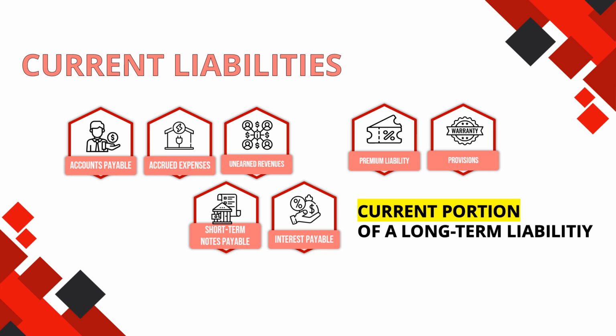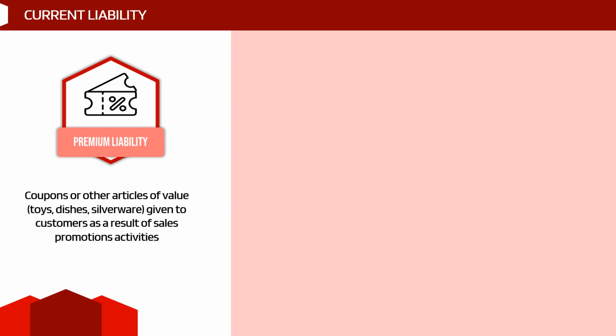So now, let's take a deep dive into each of the new types, starting with premium liability. So what are premium liabilities? Premium liability is very interesting because the name premium actually misleads people, since premium sounds more like an asset. Well, the textbook definition is, premiums are coupons or anything that's an article of value.